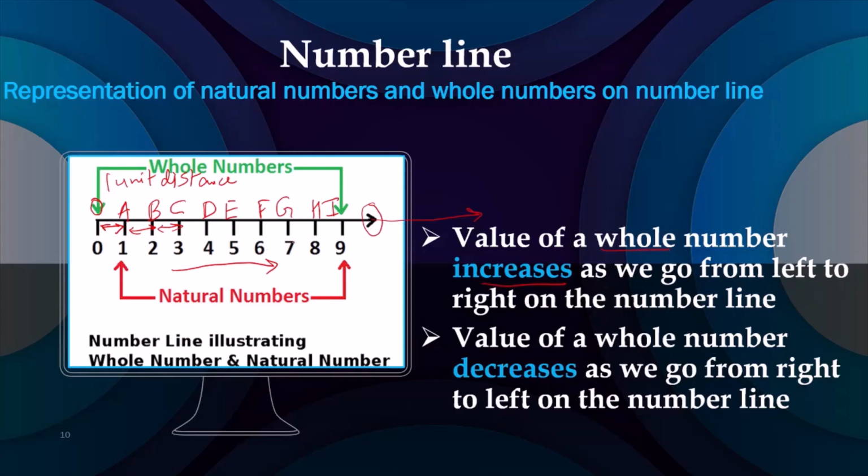Because if you compare 7 and 4, we obviously know that 7 is greater than 4. That means the farther you go towards the right side, the value of the whole number keeps on increasing, and vice versa. If you go from right to left, the value of the whole number decreases.